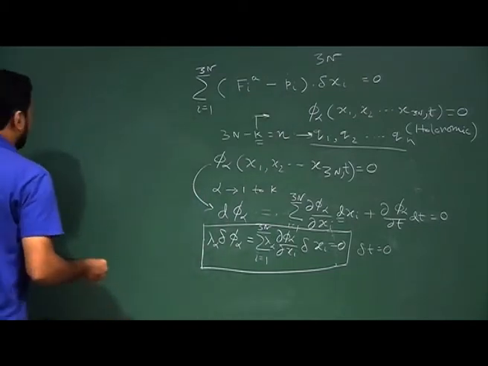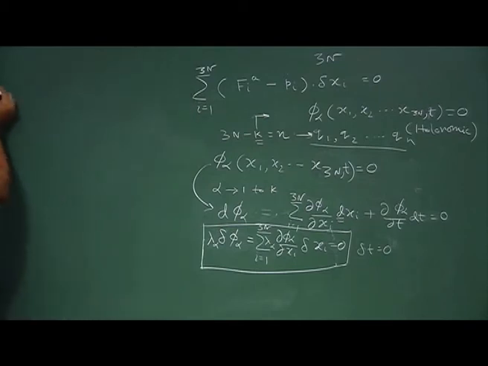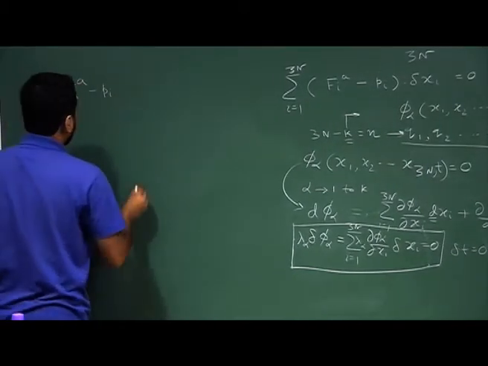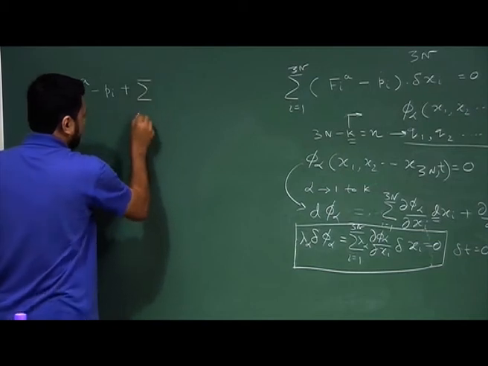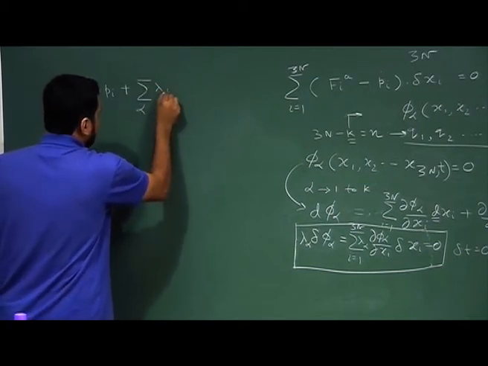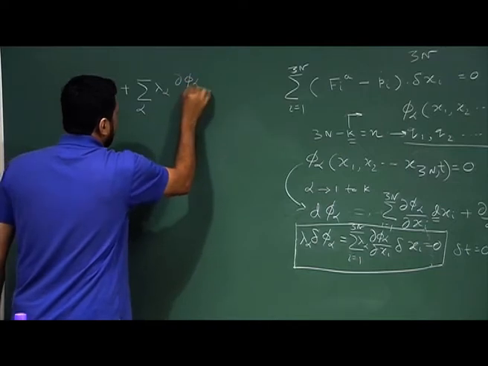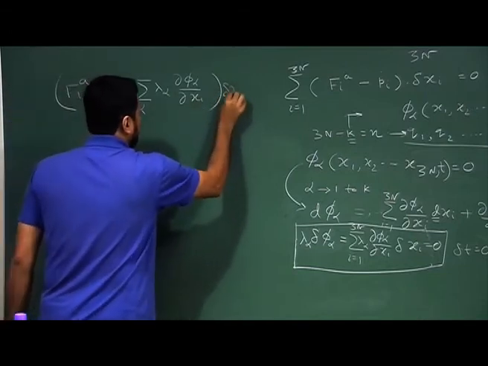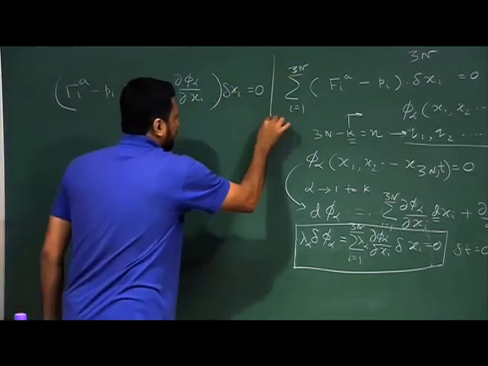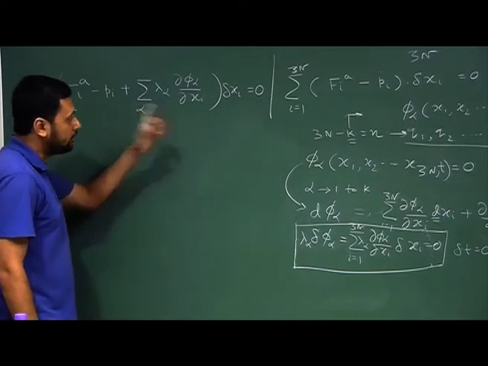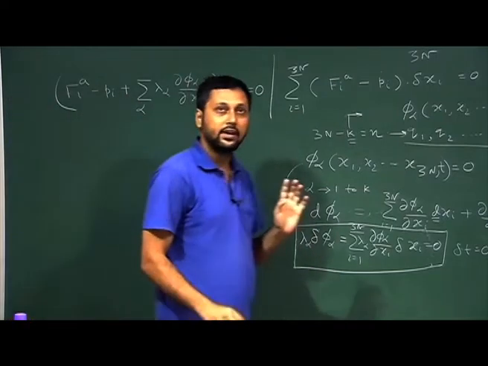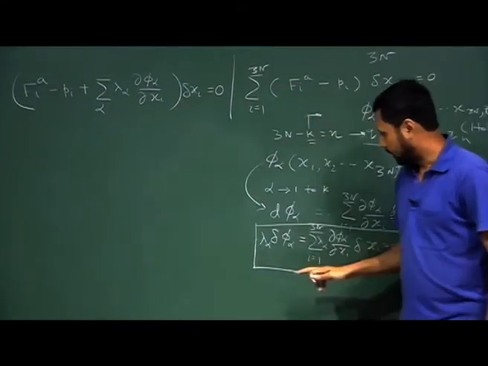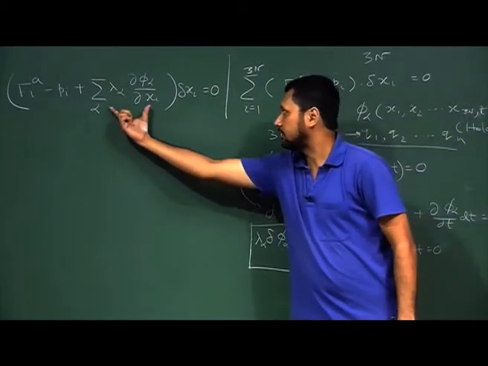So we can rewrite D'Alembert's principle as: Fi minus Pi plus sum over alpha lambda alpha del phi alpha del xi, whole into delta xi, equal to 0. That could be an alternative form of D'Alembert's principle without losing any generality. This is valid and this is also valid because of this relation; this summation is 0.